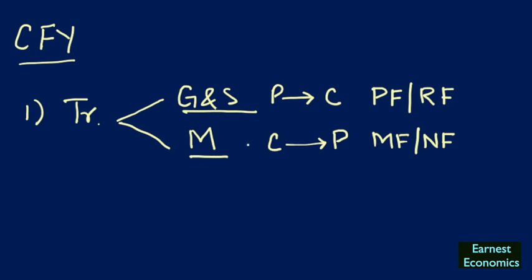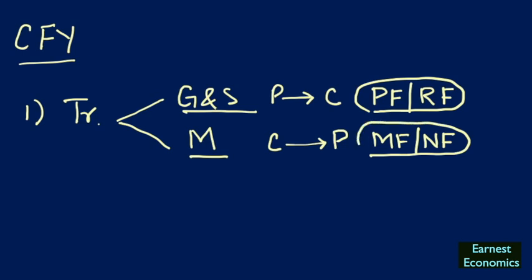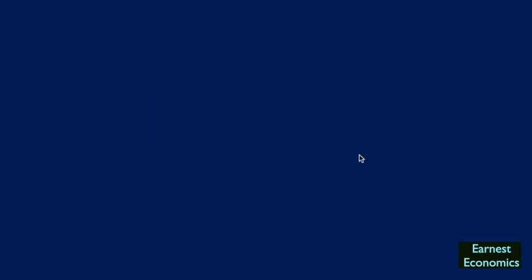Therefore they are exchanged for each other, and two flows emerge through a transaction: the product flow or the real flow, and the second one is money flow or nominal flow. So let's now try to understand what circular flow of income is all about.